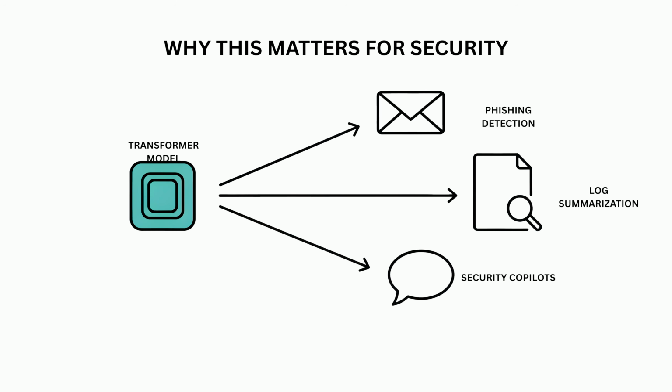Security teams use transformer-based models to summarize thousands of log lines or alerts into a plain English incident summary, and to power the AI copilots showing up inside SIEM and EDR tools, answering analyst questions in natural language. Understanding that it's attention, positional encoding, and stacked blocks under the hood helps you reason about what these tools can and can't reliably do.